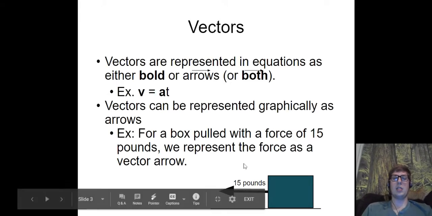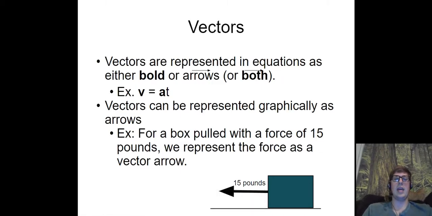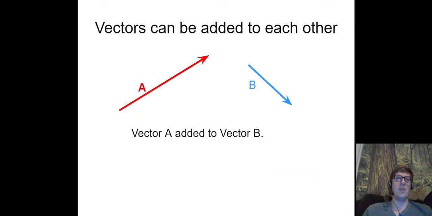There's a box here. It's got an arrow that has a vector, and oftentimes vectors are shown as arrows, as we've been doing. As you can see here, there is a 15-pound force on the box to the left. We can add them together.